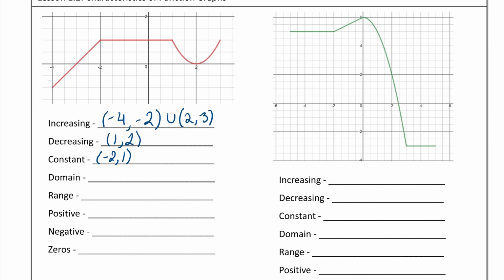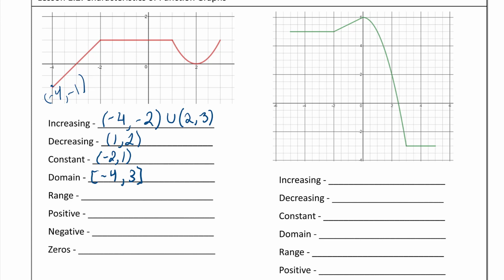So we have to assume that like this point down here, -4, -1, we just have to kind of assume that really is a point that is a part of our graph because they didn't tell us otherwise. So our domain here is bracket -4, comma 3. So that's our answer for domain.